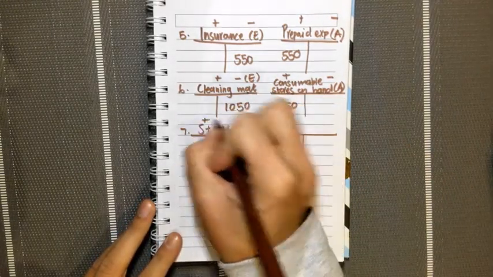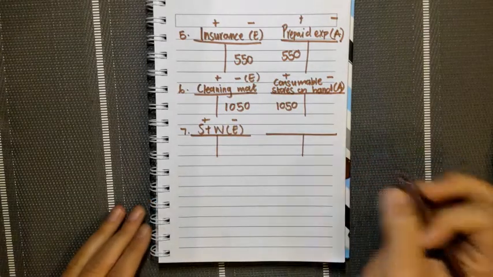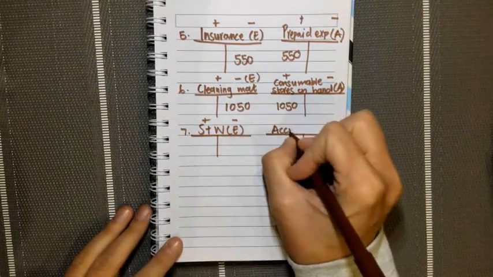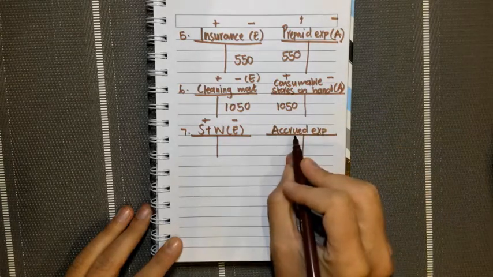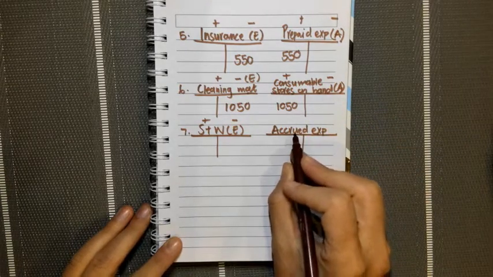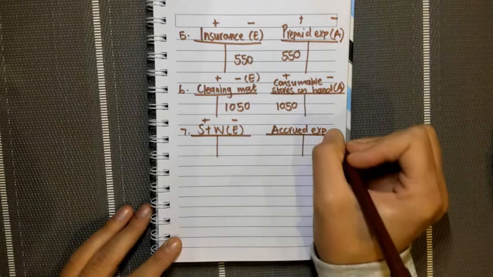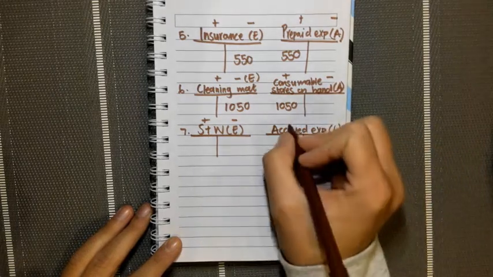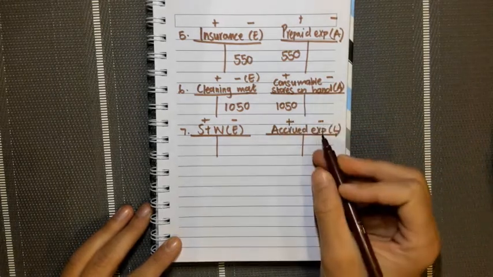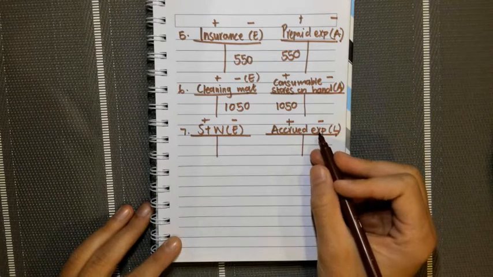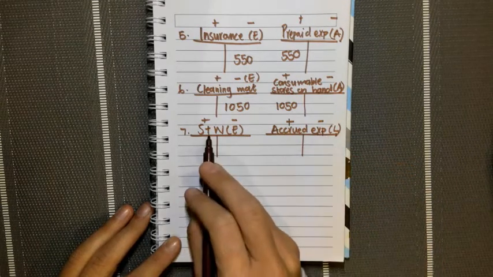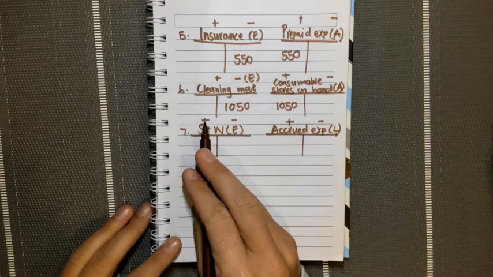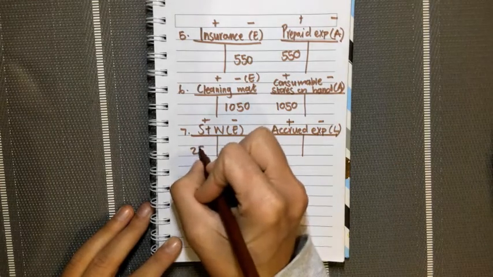Why? Because it happened. The word accrued means it happened, but it wasn't paid yet. Accrued expenses for us is a liability because now we owe someone money that we need to pay in the next financial year. We want to make salaries and wages bigger because we underpaid. So we need to pay him an extra 2,500.